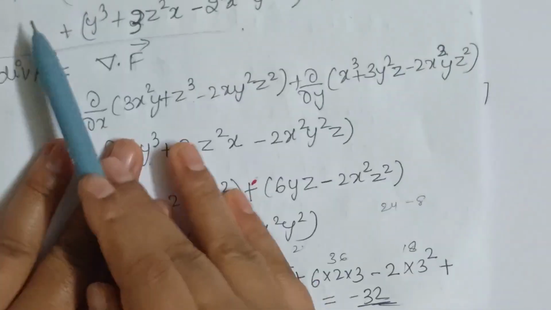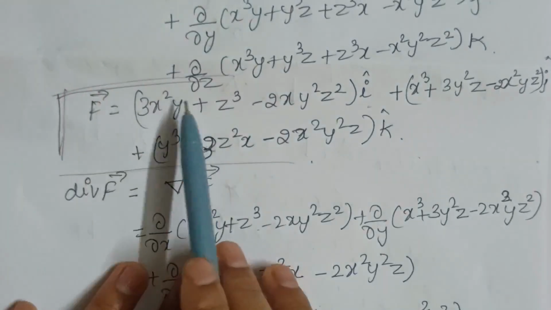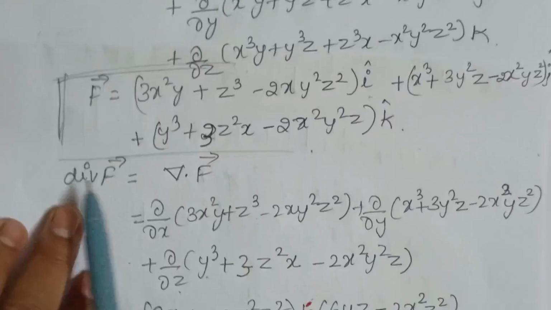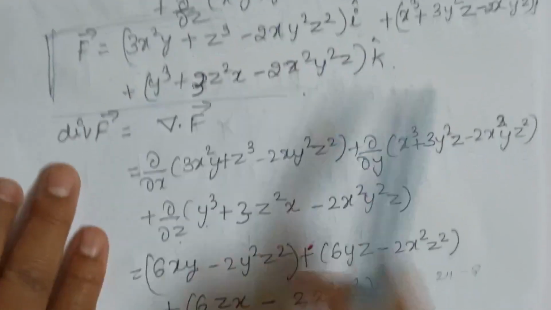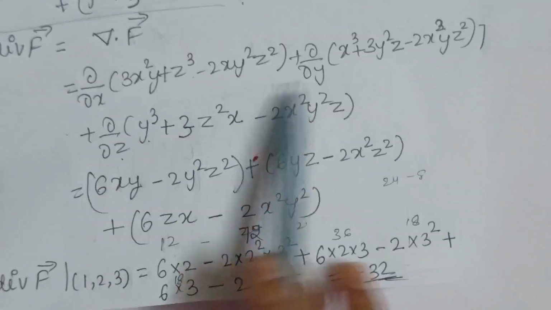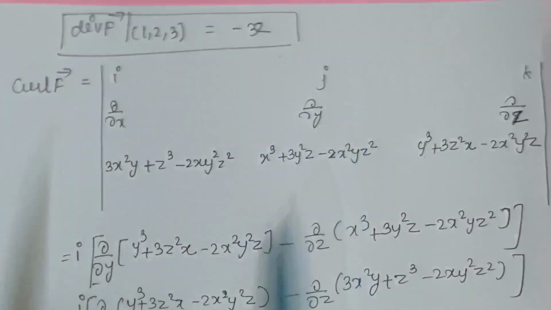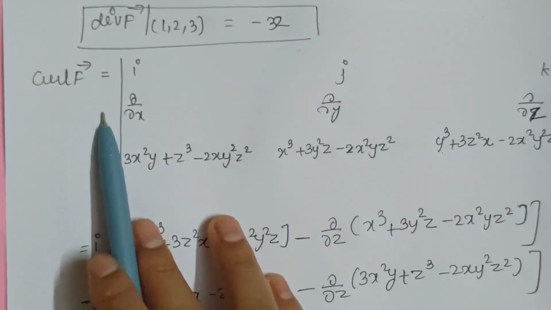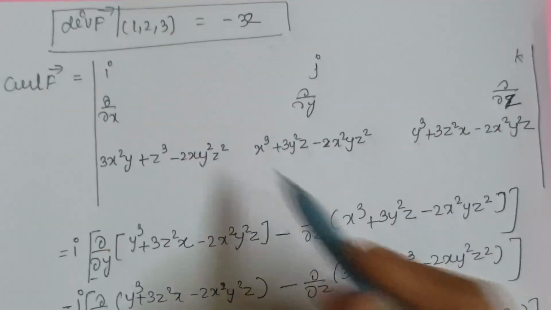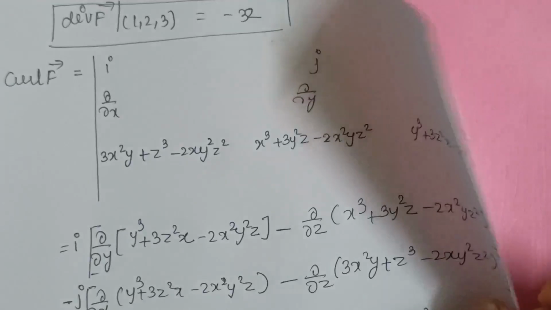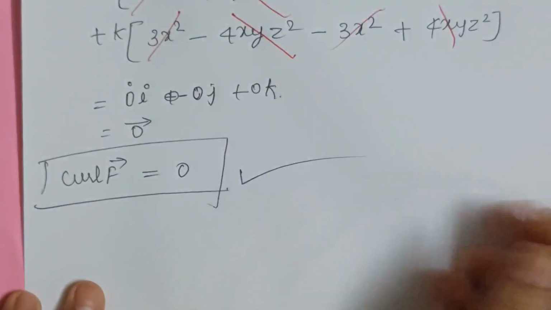So using del phi, I have found the vector f. So using vector f, I have found the divergence of vector f, just substituting in the formula. So that is minus 32. And later on finding the curl of vector f using the determinant formula, using the curl formula. So that is 0.